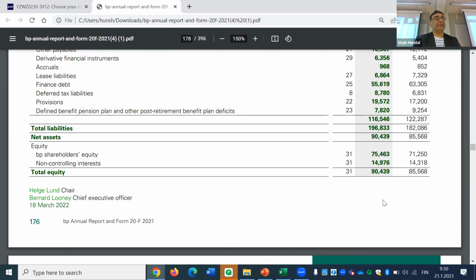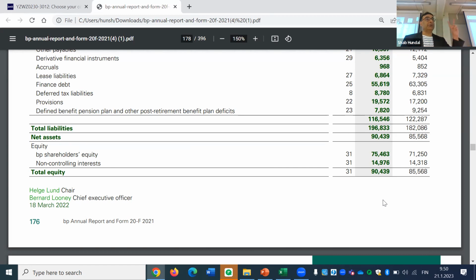But if you want to get 19 and 18, then you need to see in the archives of the company, or just simply Google 2019 report, right? Then you see 2019 and 18. And if you want to add 17 and 16 as well, then you need to go to the 2017 report, right?